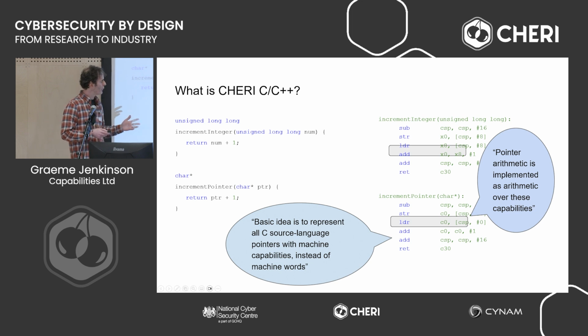So our basic concept is that in the porting activity, all C language pointers are represented with capabilities instead of words. And again, I've made a career knowing absolutely nothing about compilers. So there's some magic process that the compiler manages. It has to have a distinct notion of what is an integer and what is a pointer, so that at the outset, when it does the code generation, it can generate the correct instruction.